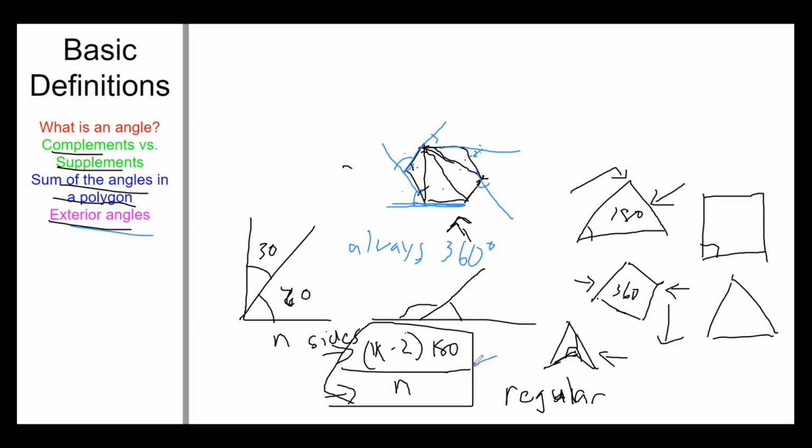Since you know that this is the angle measure, I guess this doesn't work for all versions of the shape, but for a regular version, then 180 minus this angle is going to be equal to the exterior angle, since these two angles are supplementary. So this is the measure of the exterior angle, and you multiply by the total number of angles.